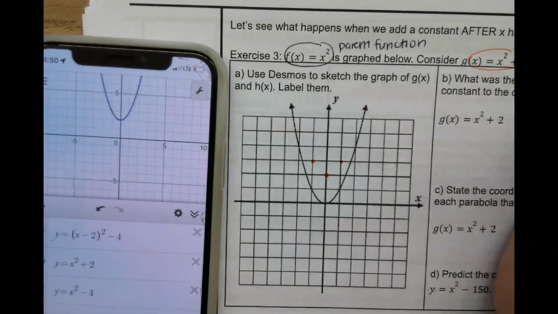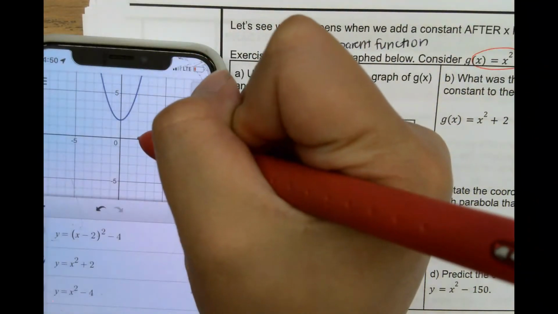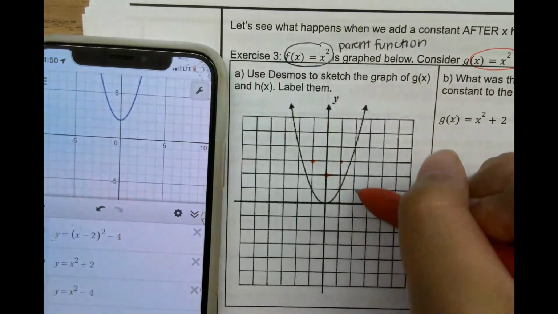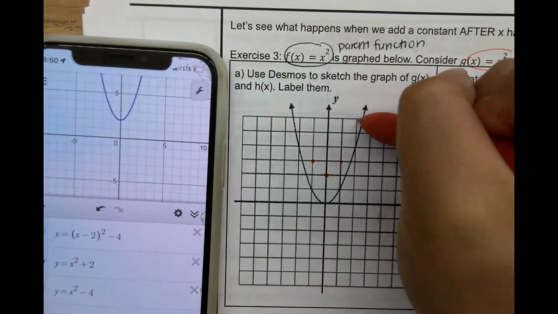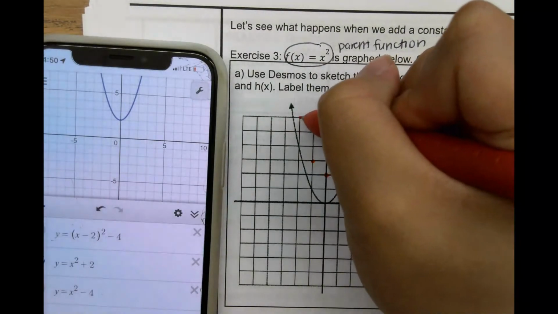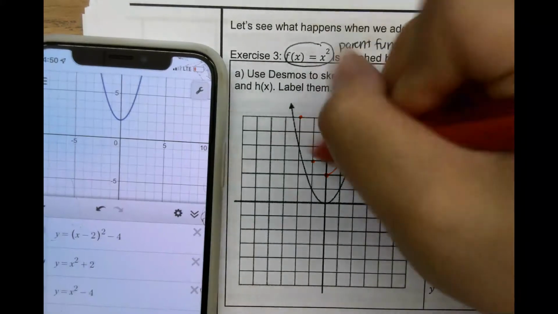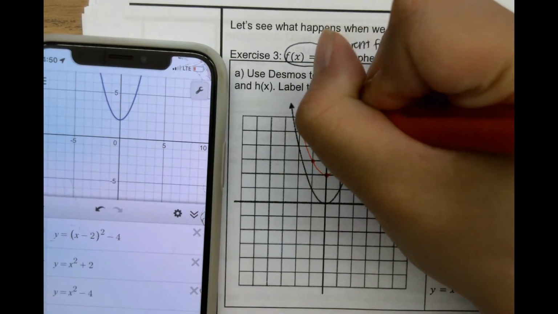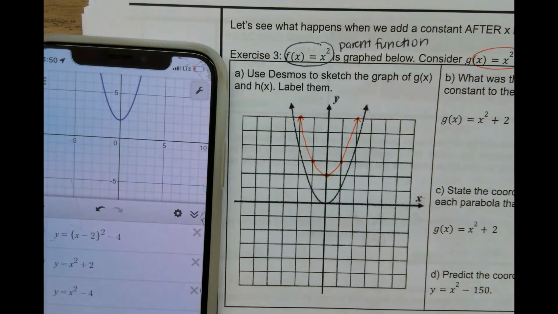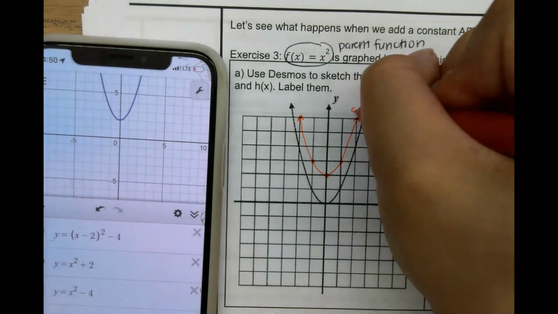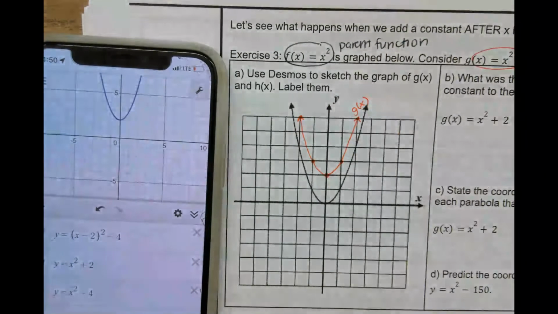Then the next clear point I have is 2 comma 6. So 1, 2, 3, 4, 5, 6, and mirror it over. And then connect the dots. So this one here is g of x. I did it in red.